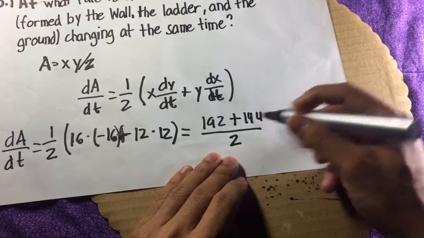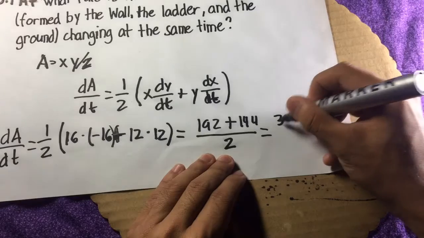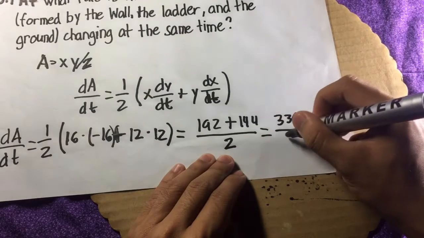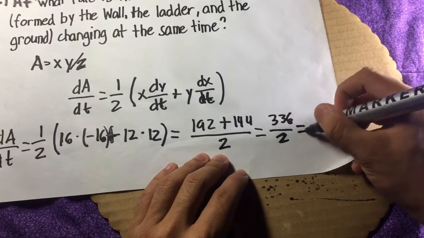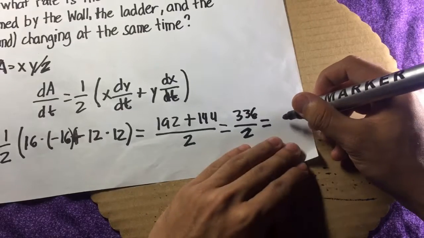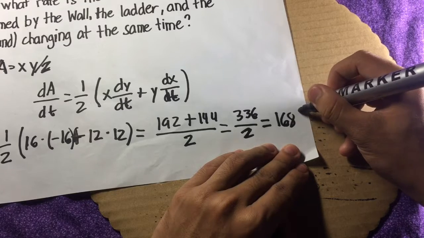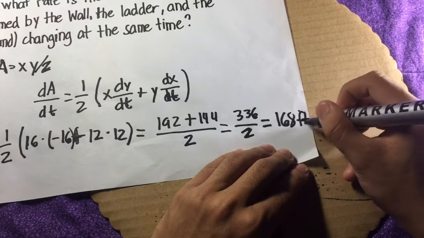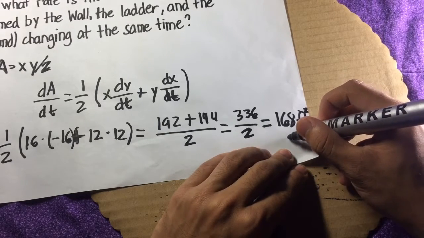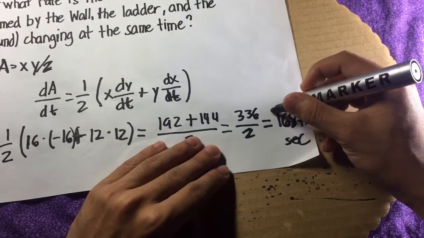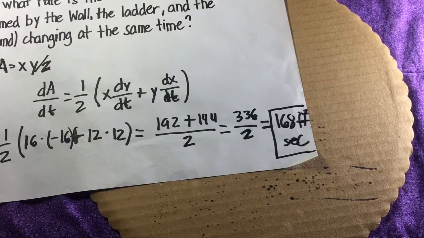In lowest terms, this is equal to negative 56 feet squared per second. So this is our answer in letter B.